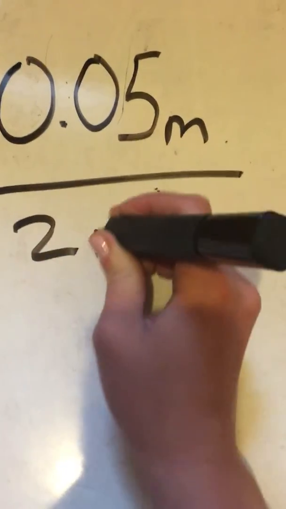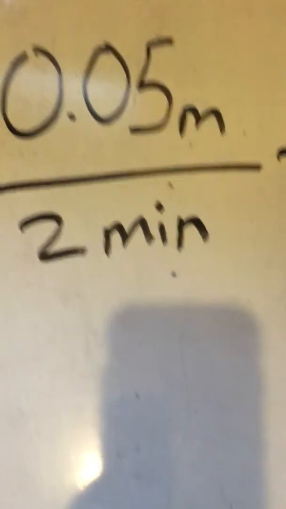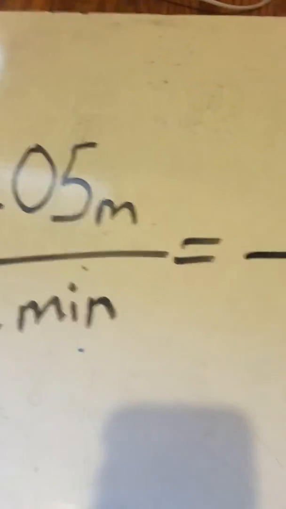If we know that we have 0.05 per 2 minutes, we are trying to figure out our unit rate, which would be a certain amount per 1 minute.